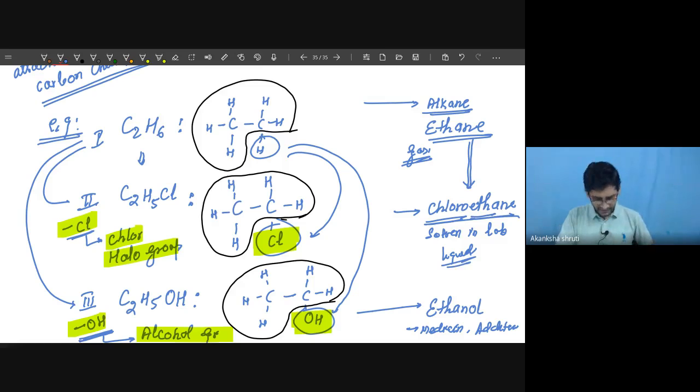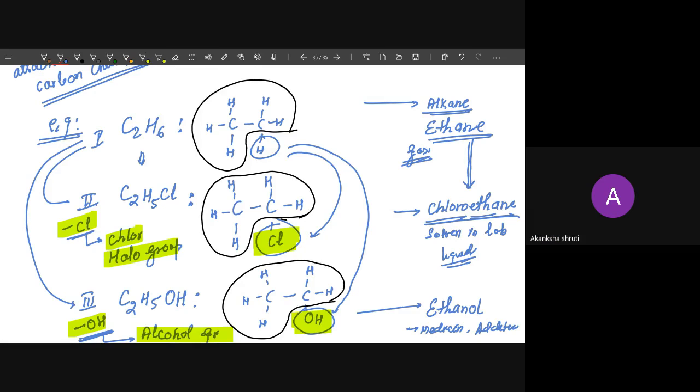This conversion of gas into liquid is because of the presence of chlorine. This chlorine gives the characteristic to convert it from the gaseous into the liquid phase, which is used as a solvent in our lab.